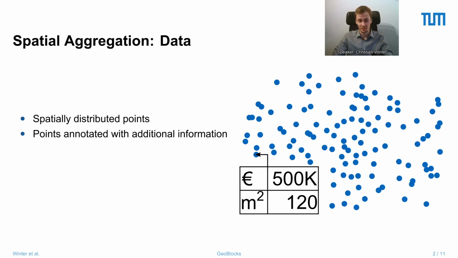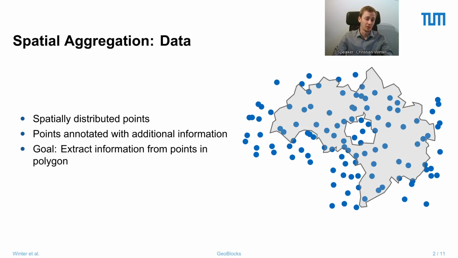When querying these points, we're usually not interested in single information points, but want to extract information over a whole area, for example a German county. And for this, we might want to know the average area of houses or the maximum price or so on.